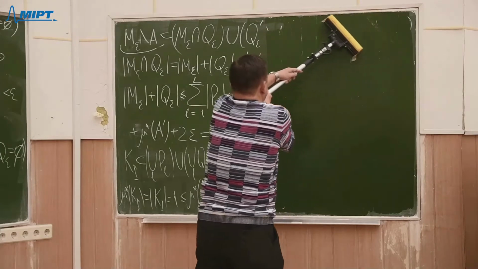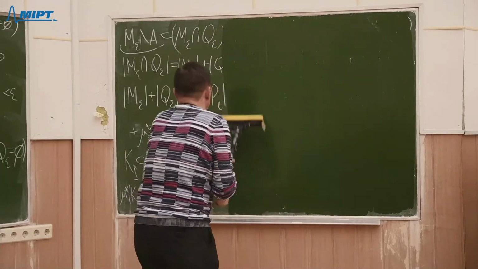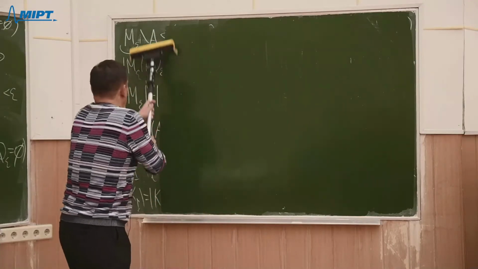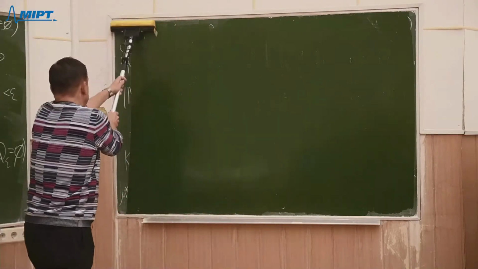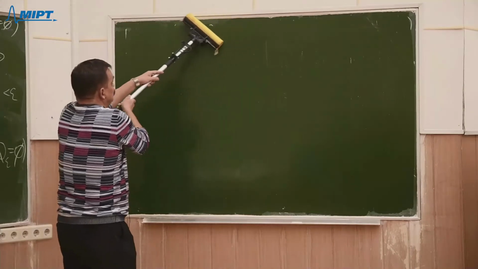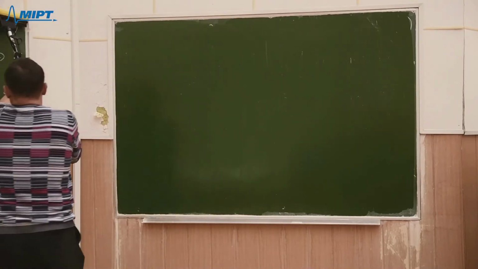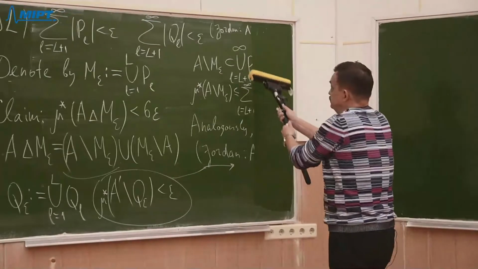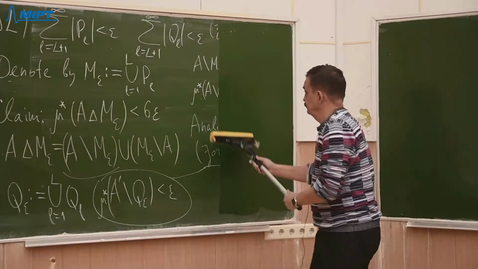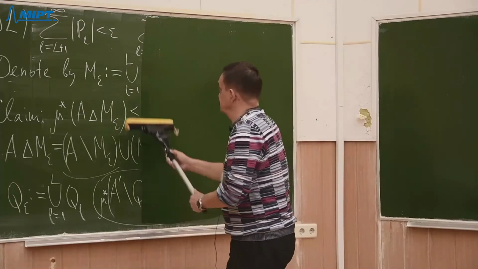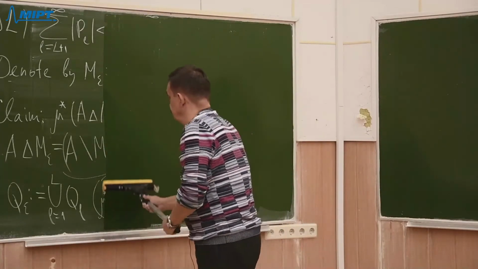In general, usually that is when you can add and multiply. And for sets, the analog of addition is union. The analog of multiplication is intersection. That is the explanation of this term, algebra of sets.